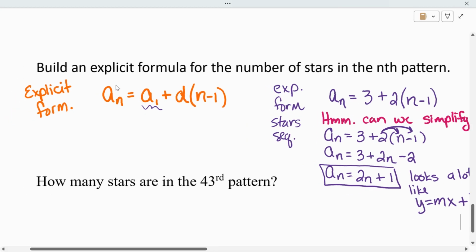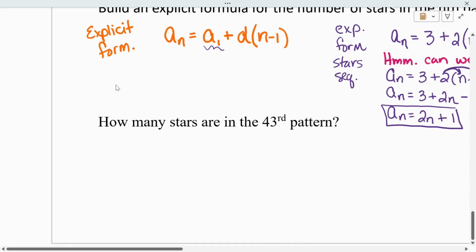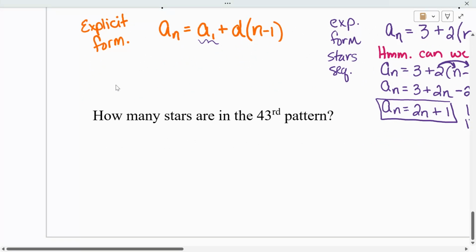Okay? All right. How many stars are in the 43rd pattern? So I need to find a sub 43. So first, I want to ask you, what formula do you want to use?